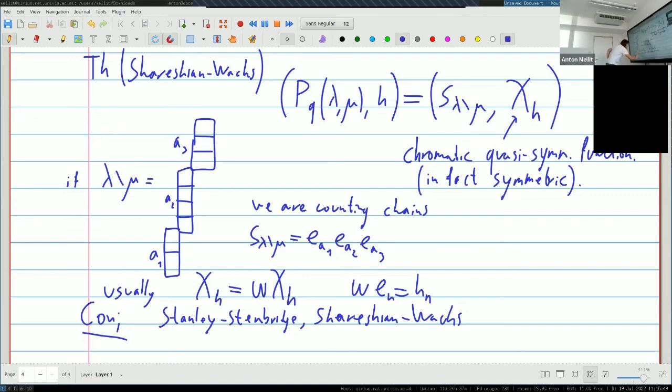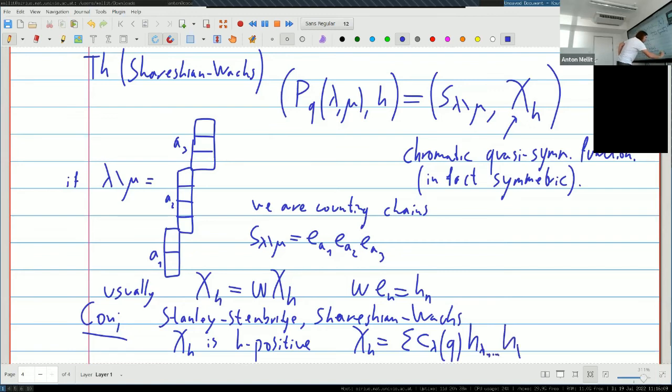You say that chi, in my notation I have to apply omega, is h-positive. So in other words, if you write the sum of some c lambda q h, then c lambda are positive coefficients. And this conjecture is very open.